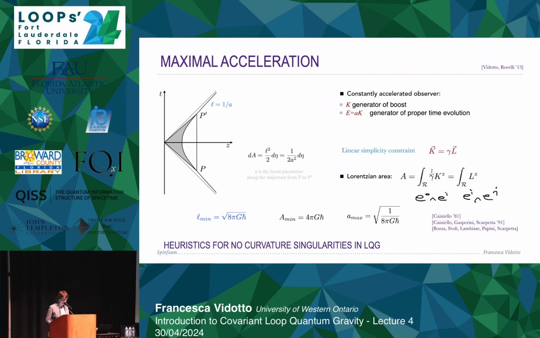Oh yeah, I was pretty fast on that. So what the Lorentzian area does for you is this: suppose you are an observer moving here, and you consider the area that is spanned by this observer.